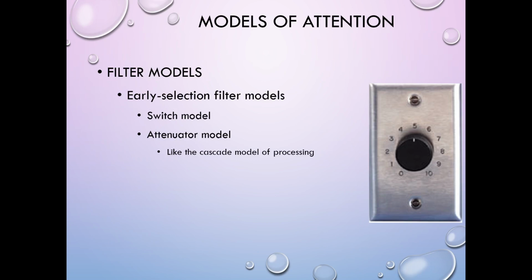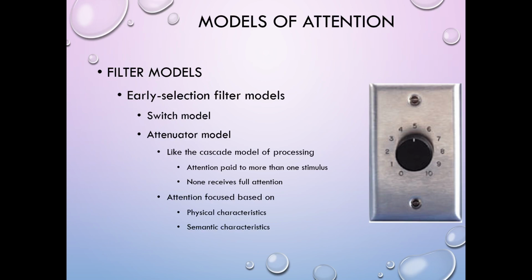But once you have fully identified one thing, then you'll apply more of your attention to the as yet unidentified object, and so on, with each one getting a little bit faster once you're shifting your attention. So with the attenuator model, it's possible for attention to be paid to more than one stimulus, but none of them really receives your full attention. You've divided the attention. They're each getting part of the attenuator knob.